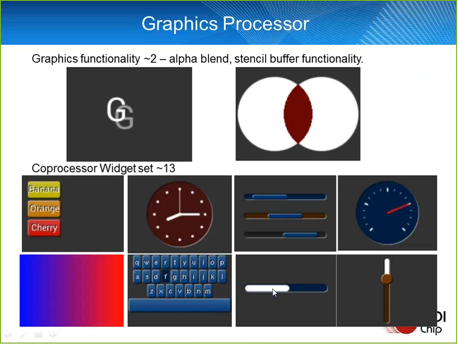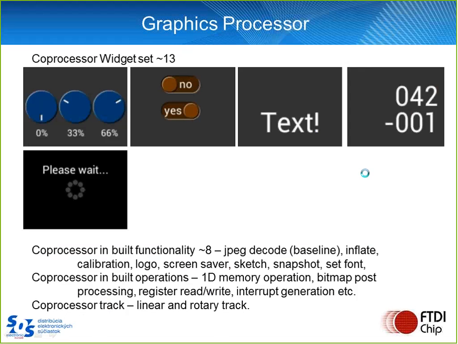And then we have a further list of widgets. I mentioned earlier the clock widget. We have a dial widget, sliders, and a QWERTY keyboard, and toggle type switches. Other toggle switches here are yes, no. So you could change that text to anything you want.